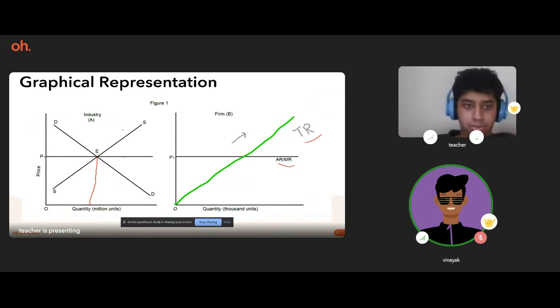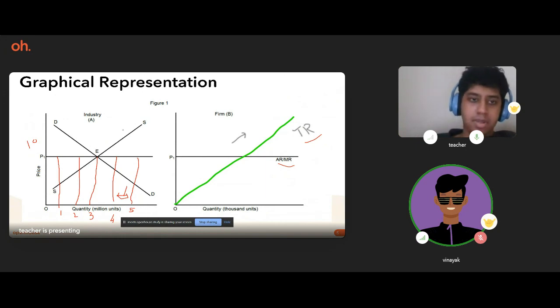Even if I draw a price point here, let's say this is 10, this is 1 unit, this is the second unit, this is the third unit, and this is 3 million, this is 4 million, this is 5 million. So at every interval of 1 million, the price points are staying fixed. The price is not going up, it's not going down.